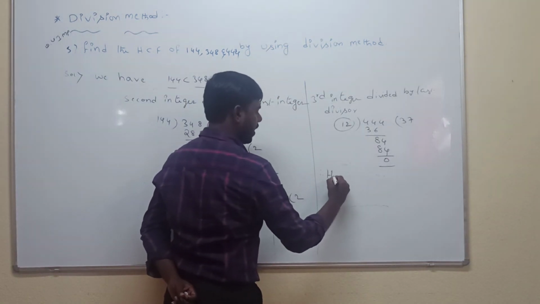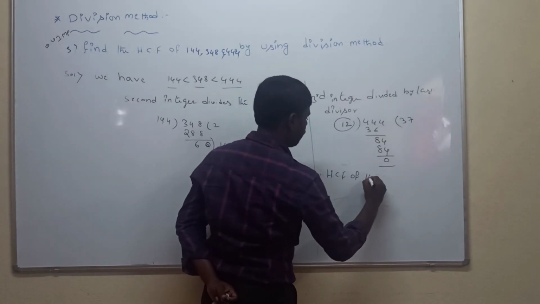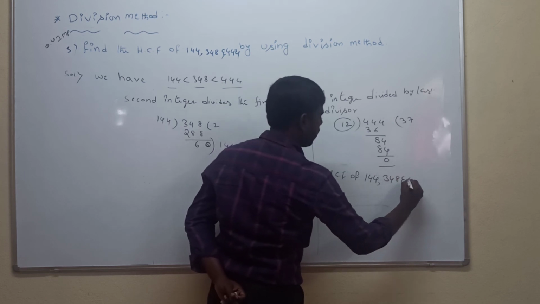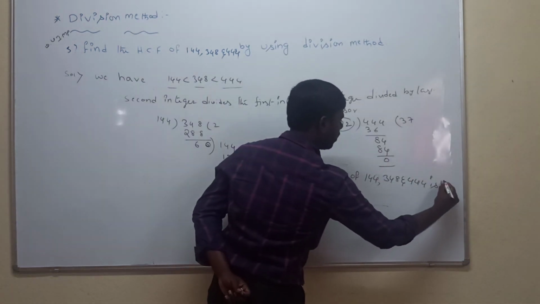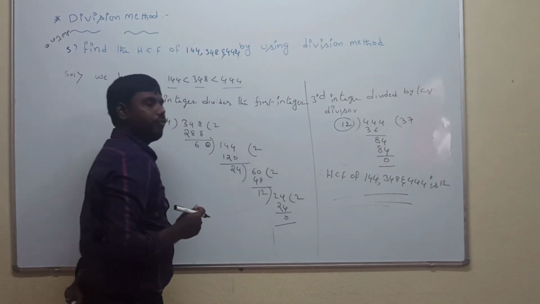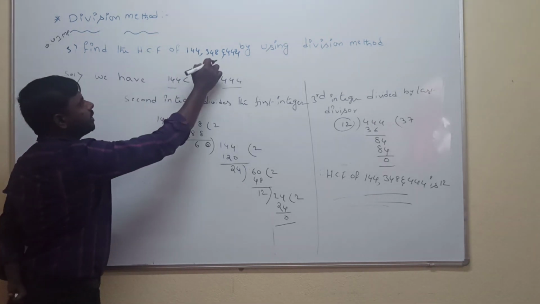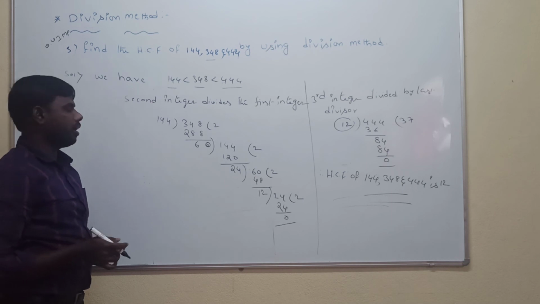So the HCF of 144, 348 and 444 is the last divisor, 12. So whenever three numbers are given, first of all, divide the second integer by the first integer using the division method.